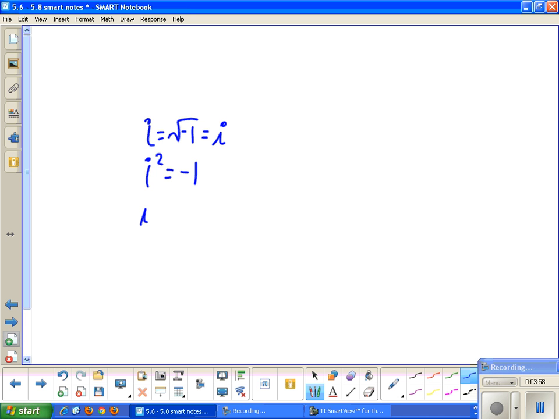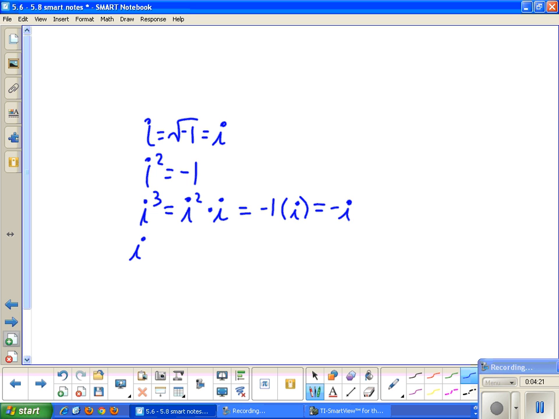So what if I did i to the third power? Isn't that the same thing as i squared times i, because what do you do when you multiply something with the same base? You add the exponents. So we're just going backwards, and we said i squared was really -1, and i we keep as i. So then this is really equal to -i.